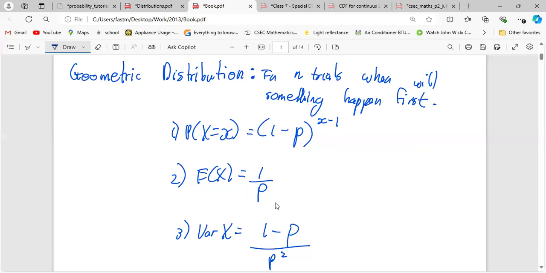Geometric and uniform are too easy, as you will see, because the probability of a success or a failure is the same throughout. It has no different probability, so it's just too easy to bring in a final. It won't have any thinking in it. Once you memorize what it is, it's straightforward.